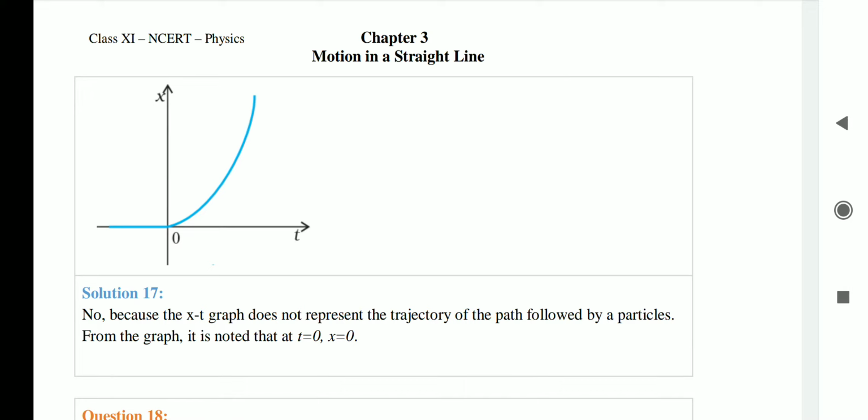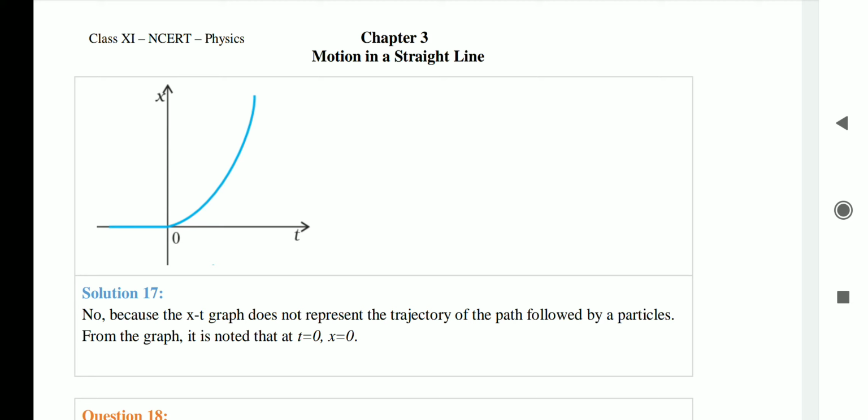It only indicates the motion of the particle. So this graph is not indicating the trajectory, that is the path followed. The graph indicates the motion of the particle. So this is not the trajectory of the particle. I hope it is clear.